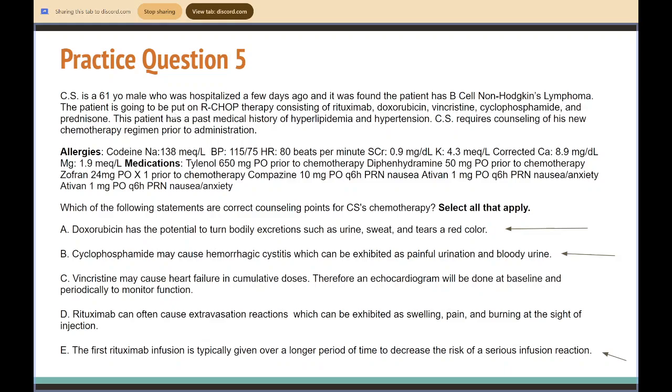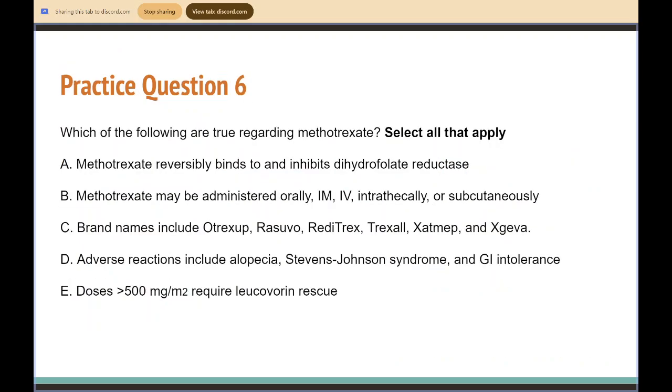Now let's go to practice question 6. Which of the following are true regarding methotrexate or MTX? Select all that apply. Choice A is going to be methotrexate reversibly binds to and inhibits dihydrofolate reductase. Choice B, it may be administered orally, IM, IV, intrathecally, or sub-Q.